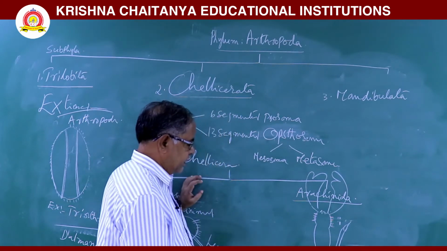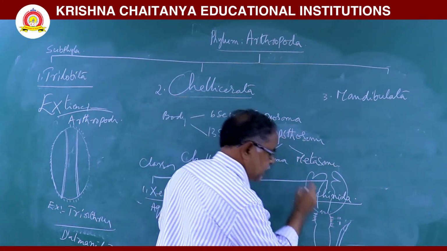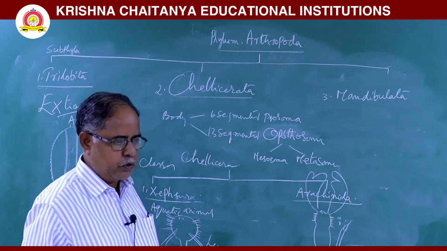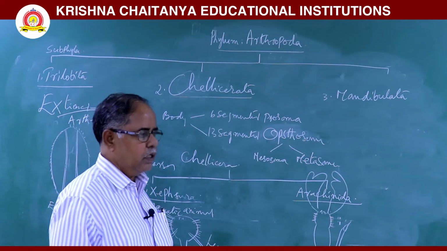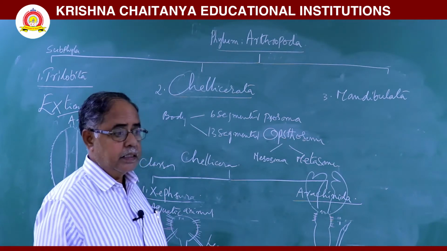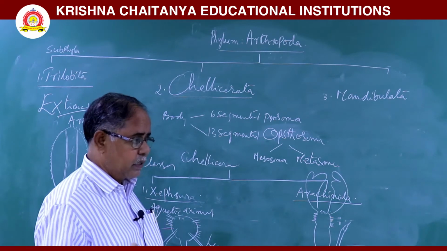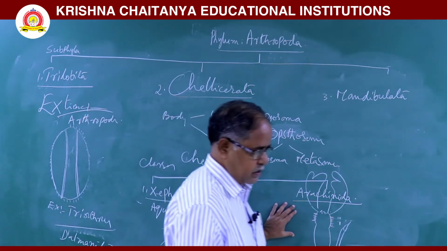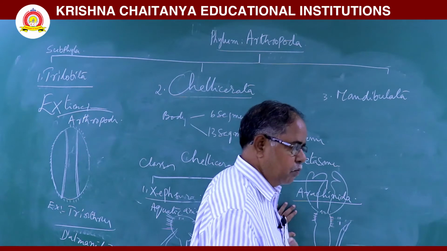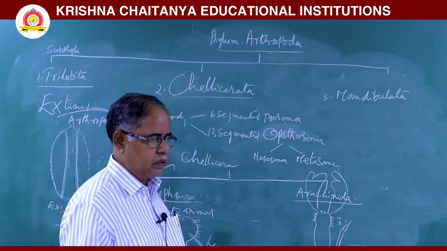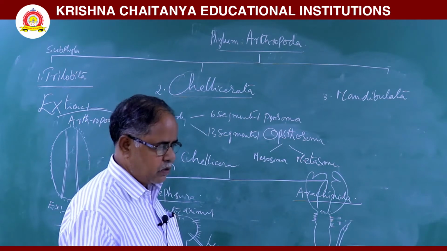In these animals, the excretory organs are Malpighian tubules and coxal glands. In some, book lungs and trachea are used as respiratory organs. Book lungs are present in scorpions.